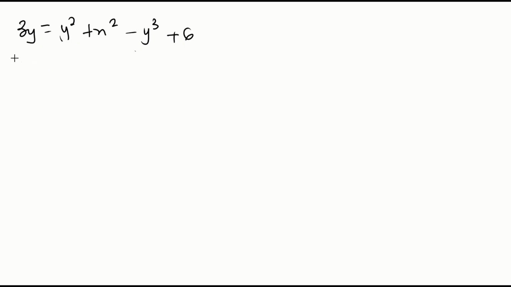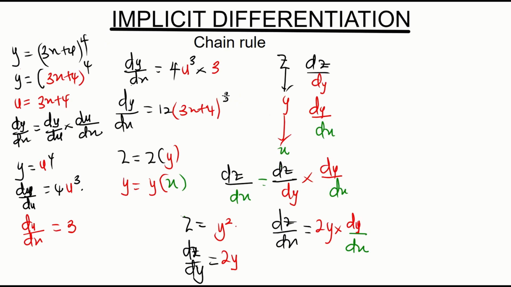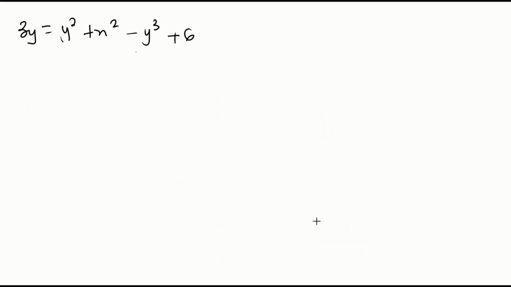Having this question, we are going to differentiate it using the implicit differentiation method, where we identify that the function of y, we only differentiate the function y with respect to itself, and then we multiply it by dy dx. As a simple trick, we differentiate this 3y, which gives me 3, then multiply it by dy dx.